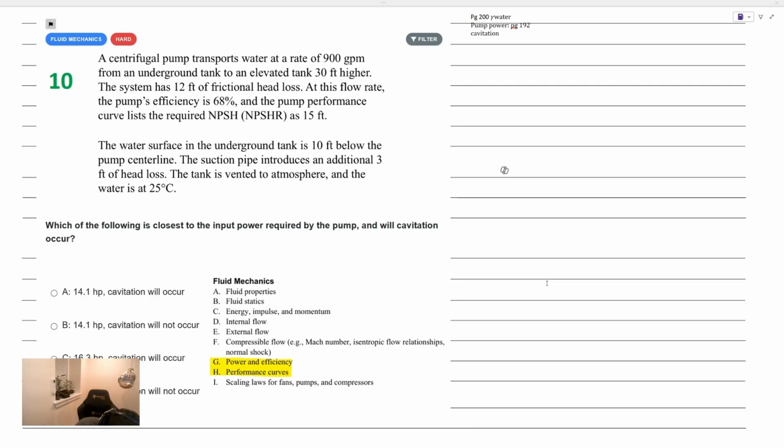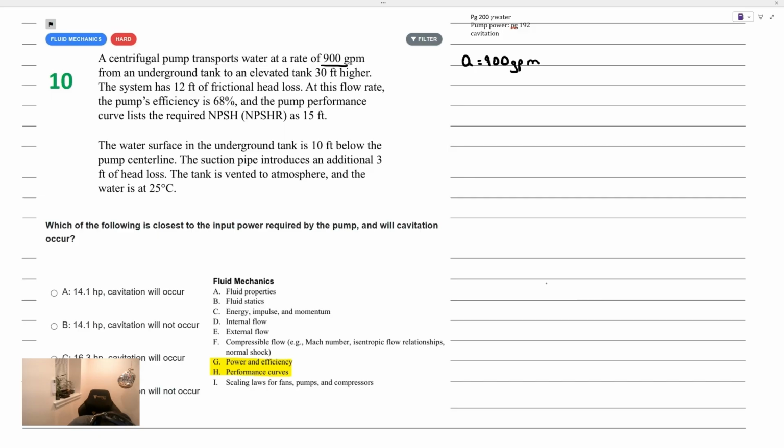It says a centrifugal pump transports water at a rate of 900 gallons per minute. That is a flow rate equal to 900 GPM. From an underground tank to an elevated tank 30 feet higher, and the system has 12 feet of frictional head loss.